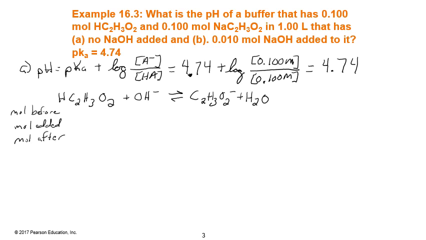So moles before, we know that we have 0.1 moles of the acid. Before our reaction, there's 0 moles of the base, and we have 0.1 moles of our conjugate base. Now we're adding 0.01 moles of our base.